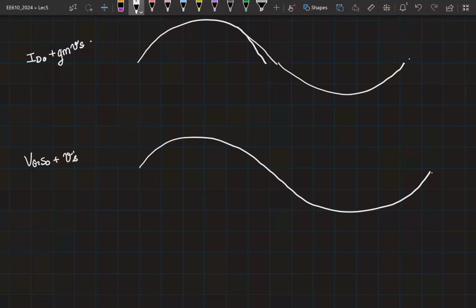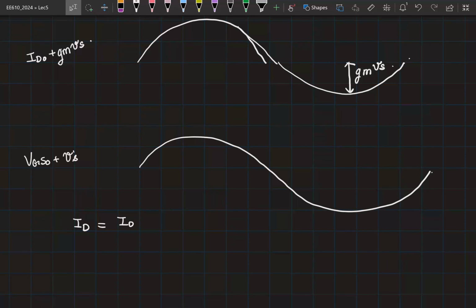Where this value is given by Gm times Vs. So now the danger that we are facing is that your total ID, given by ID0 plus Gm times Vs, can become equal to 0. What happens if the drain current becomes equal to 0?